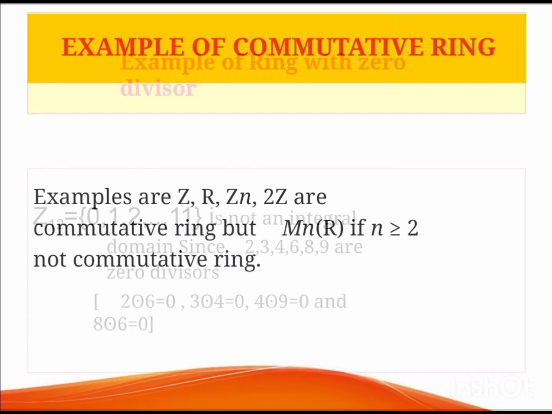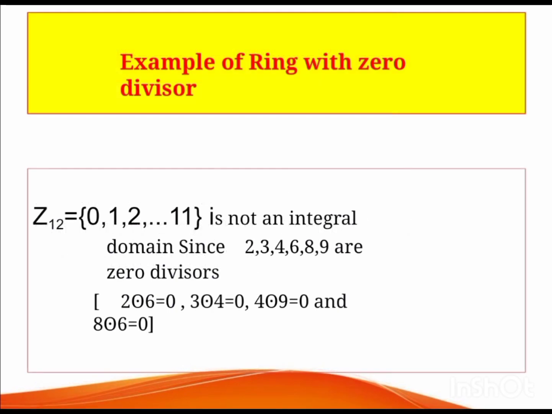And the next example is a ring with zero divisors. We take integers modulo 12, that is Z12, equal to the set of all 0, 1, 2, and so on up to 11. We take two non-zero elements in Z12, that is 3, 4 belonging to Z12. What is the product of 3 into 4? 12.